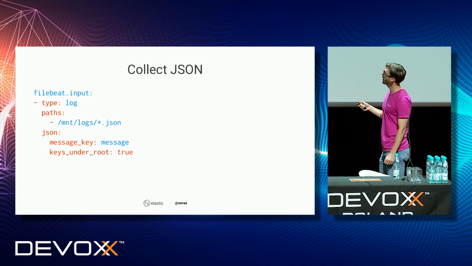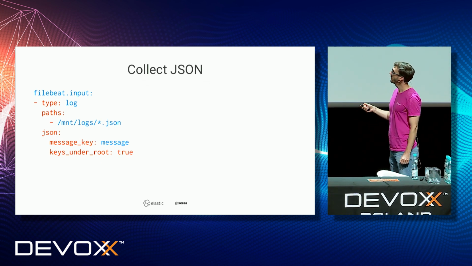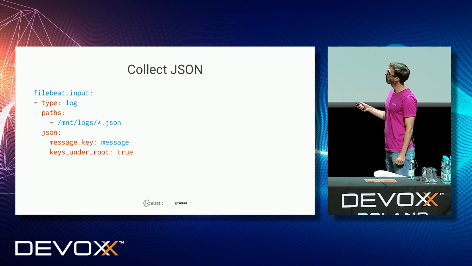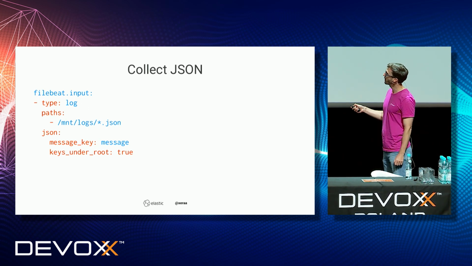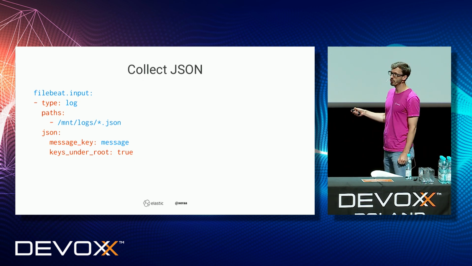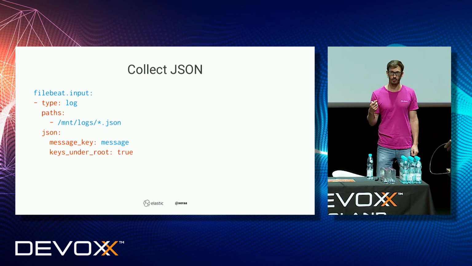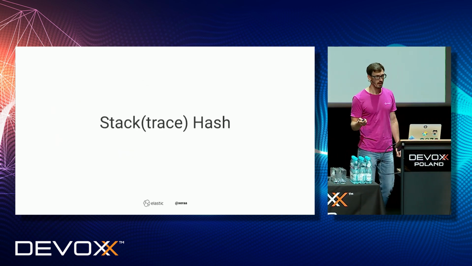So in the regular log file, you would just have this section, but now I replace .log with .json, and then I have this configuration here saying, well, there is a JSON message under message, and just put this as the root element into your log file afterwards, or into Elasticsearch. And this is all you need to do to collect the JSON file correctly and store it centrally.